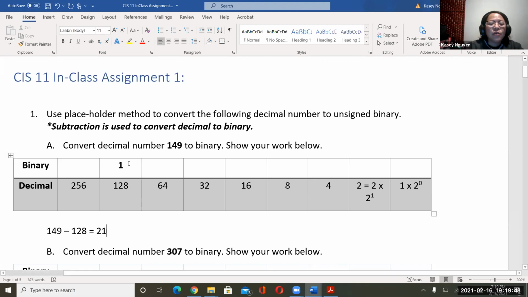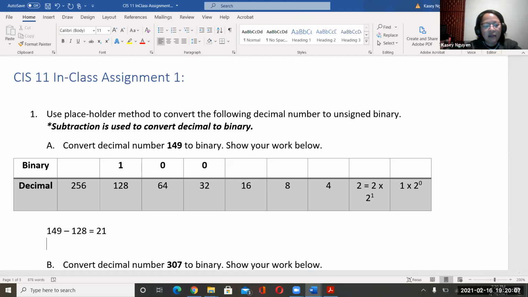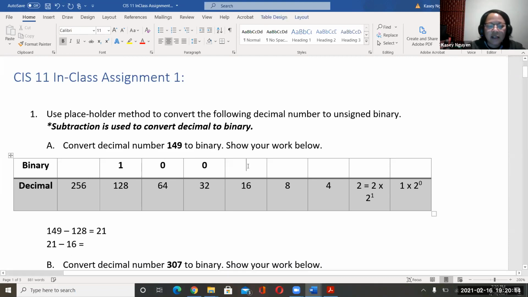So if I subtract this, I put a 1 on top, which means that bit is on. Now for 21, what's the next number I can subtract? Not 64, so 0 there. Not 32, that's too high, 0 there. The next number I can subtract is 16, so I put a 1 on top. 21 minus 16 leaves us with 5, right?